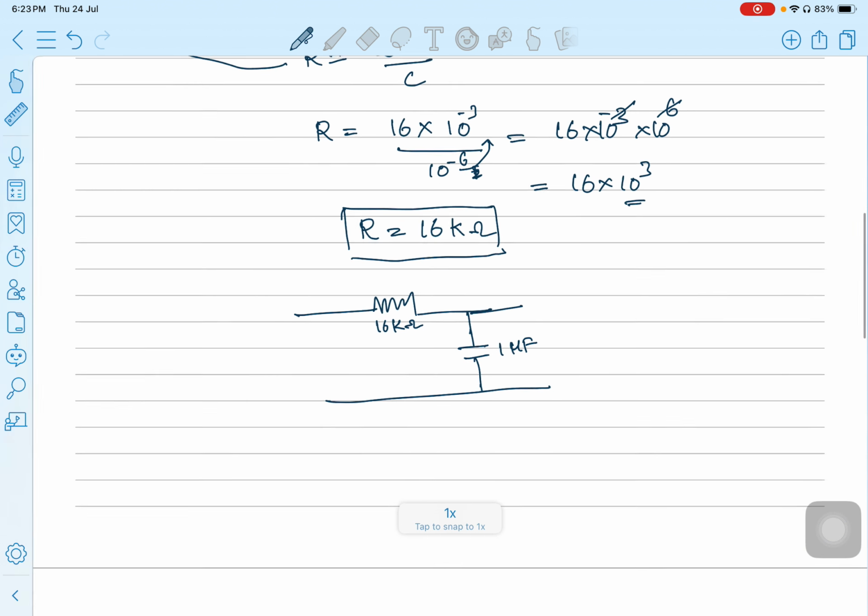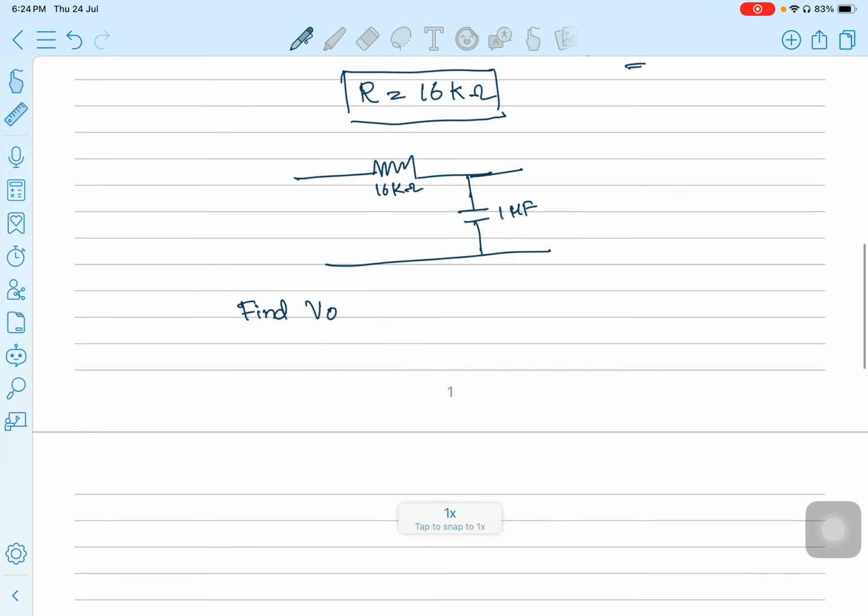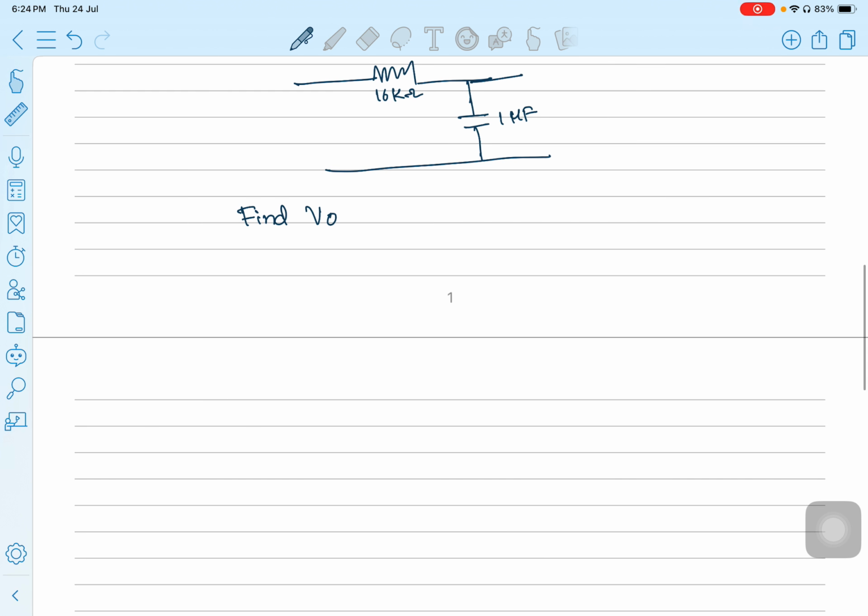And they also ask us to find the output voltage. As per the integrator, we have the standard equation. For an integrator, the output voltage is equal to 1 by RC integral of the input voltage into dt.